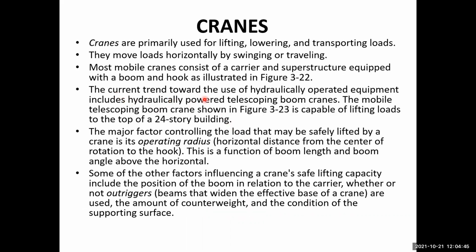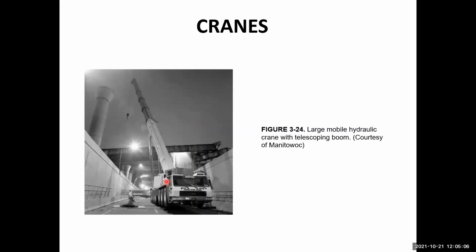The current trend towards the use of hydraulically operated equipment includes hydraulically powered telescoping booms. The mobile telescoping boom crane shown in figure 3-23 is capable of lifting loads to the top of a 24-story building. That means if this type of boom may be used, so this is a telescoping boom.